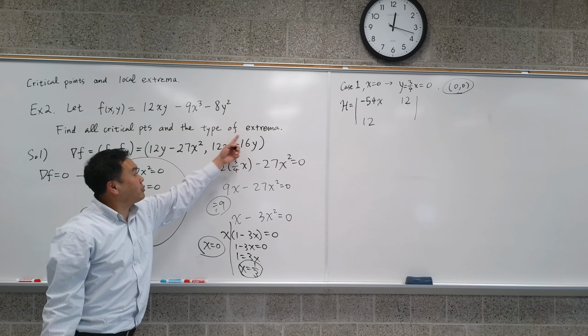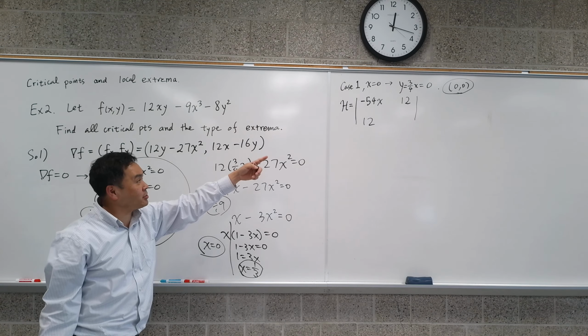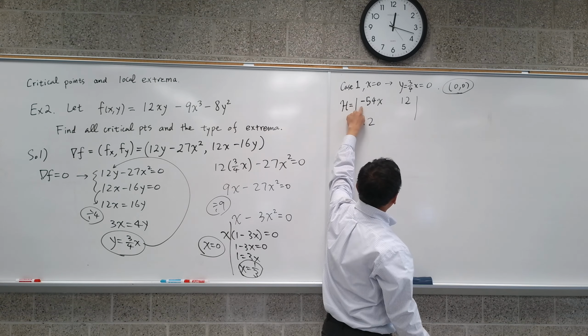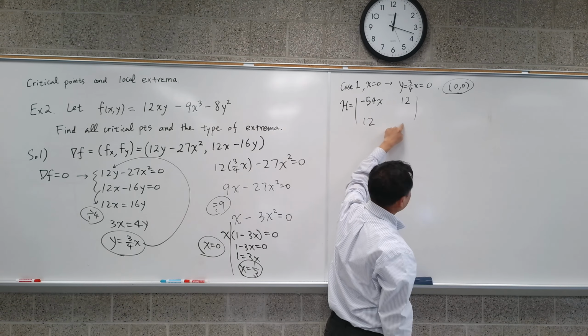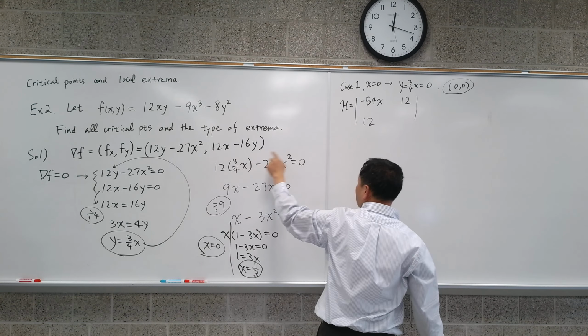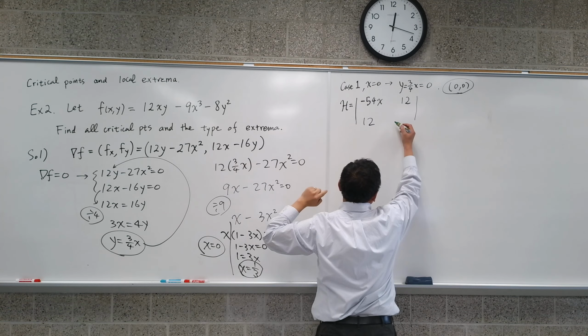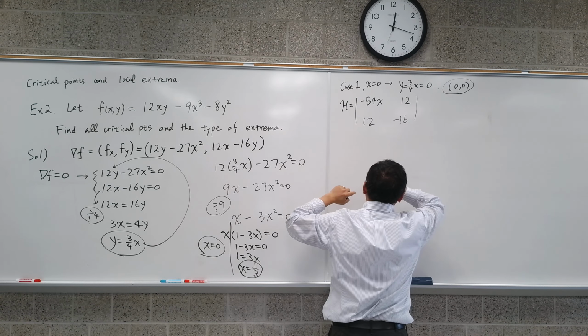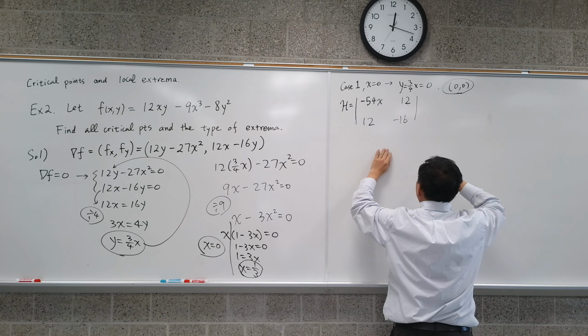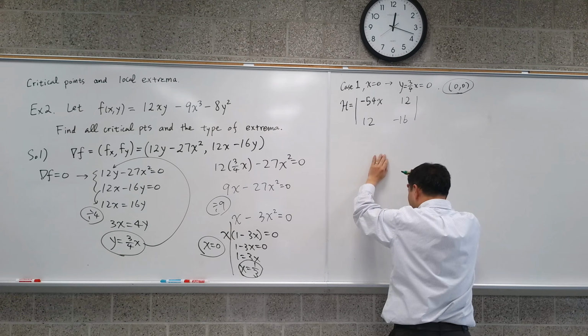And then this, because this is fyy, and Hessian is fxx, fxy, fyx, and fyy. Here goes the derivative of this thing by y, which is negative 16. Okay. Now that's a huge number. What's 16 times 54?